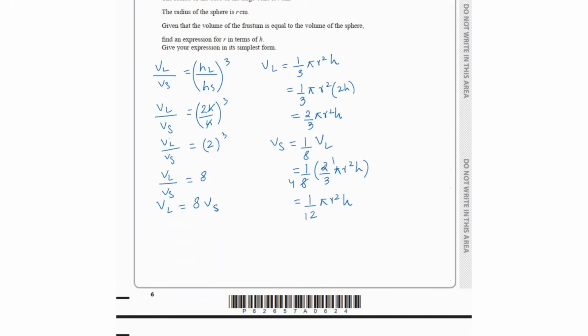So now the volume of the frustum. That's going to be the volume of the large cone minus the volume of the small cone. So that's 2 over 3 pi r squared h minus 1 over 12 pi r squared h.